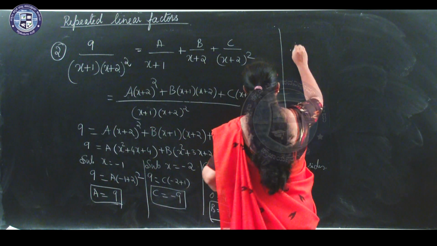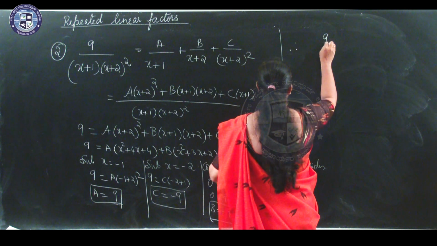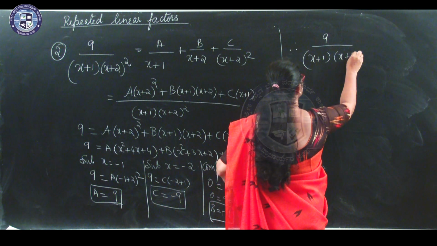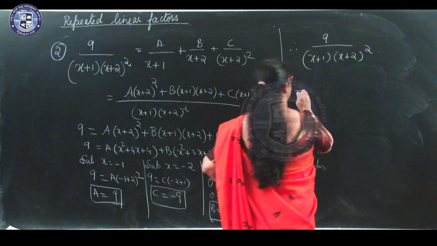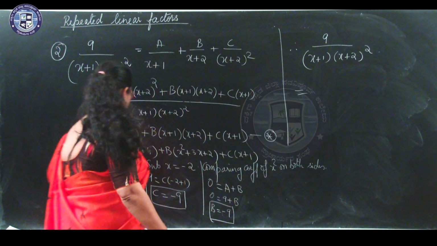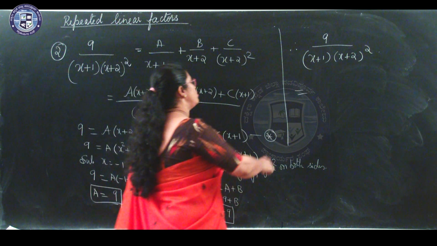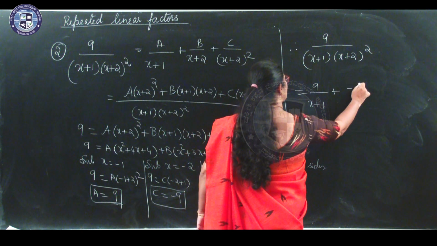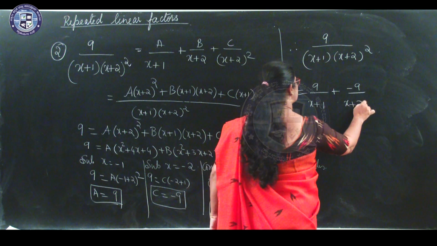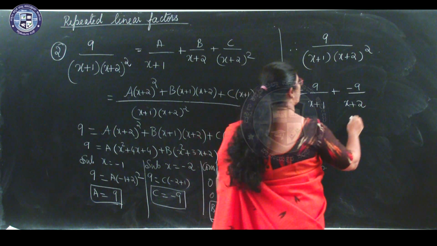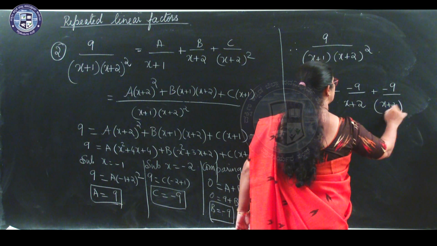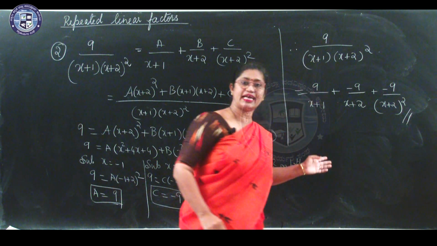Therefore, write the question 9 by x plus 1 and x plus 2 the whole square is equal to, what is a value? A value is 9, 9 by x plus 1 plus minus 9 by x plus 2, c value also is minus 9 by x plus 2 the whole square, and that is the answer.